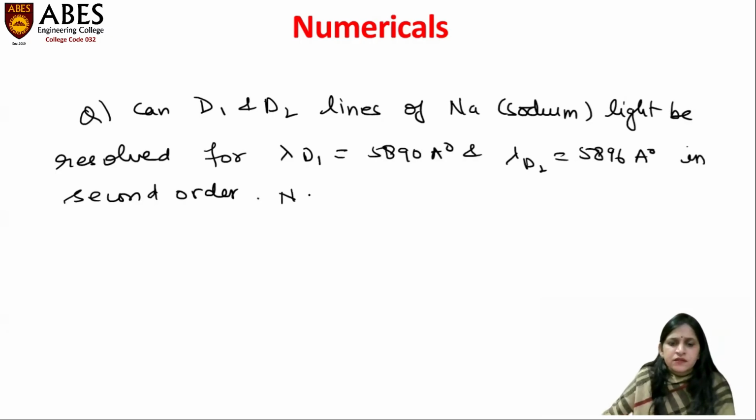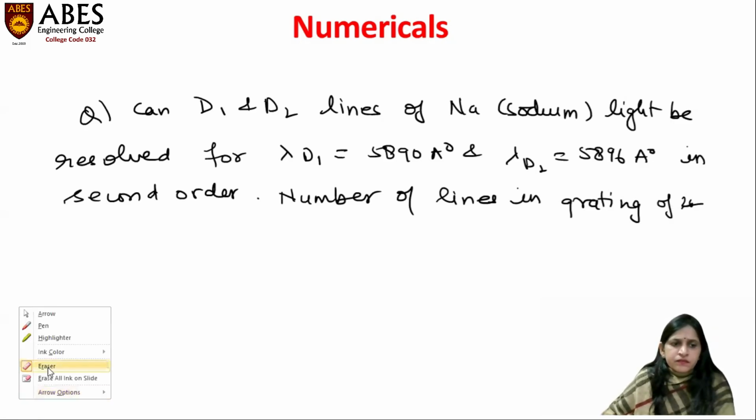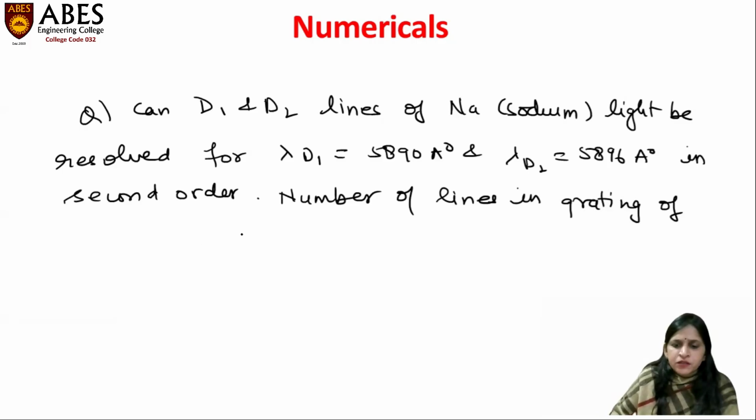The number of lines in the grating of 2.0 centimeter width is equal to 4500.